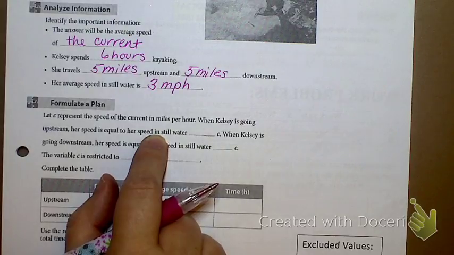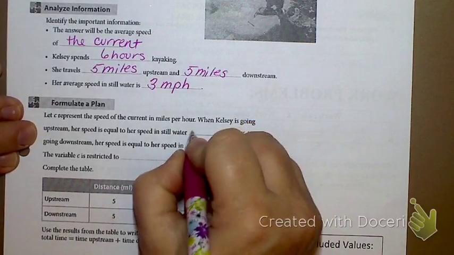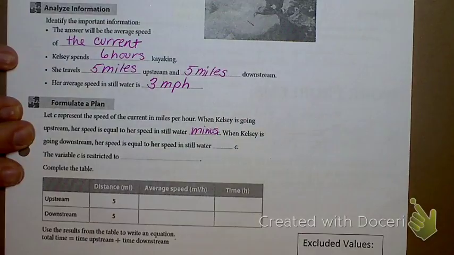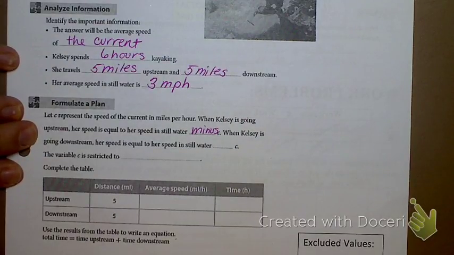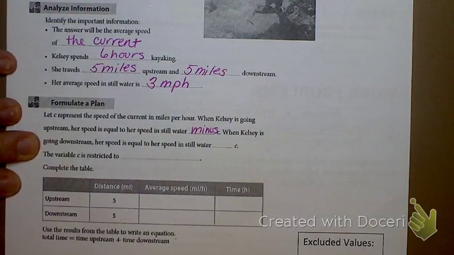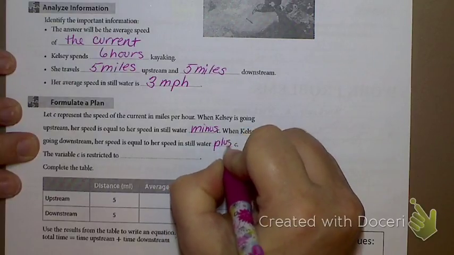It's pushing against you. So her speed in still water would be subtracting the speed of the current when she's going upstream. When she's going downstream, her speed is equal to her speed in still water plus C.